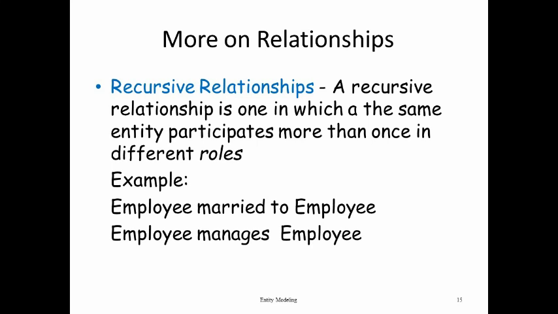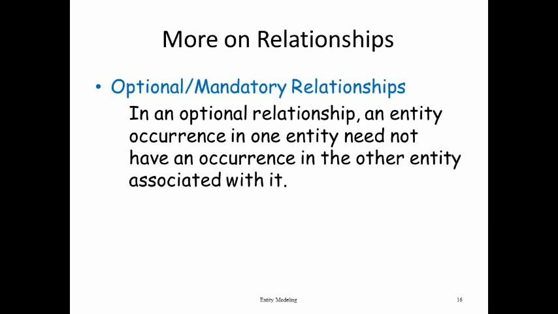You look at it from the perspective that he's a manager, but at the end of the day he's also an employee. So how do you draw that kind of relationship? We have some kind of recursivity. When one employee is married to another employee, they are both still employees. So as you draw that, there is a recursive line that you have to draw.